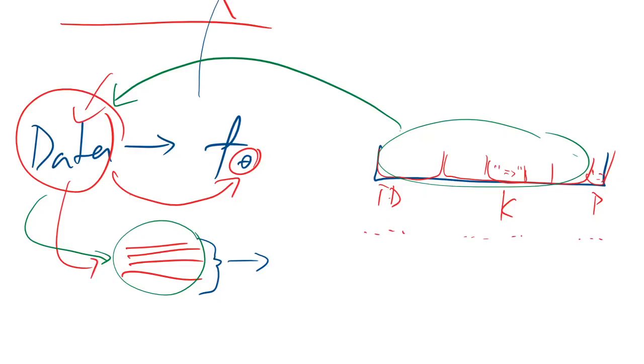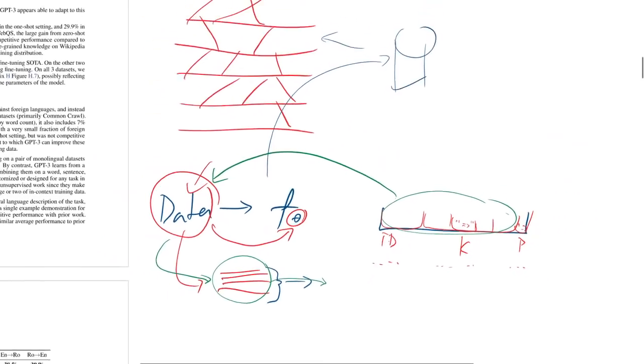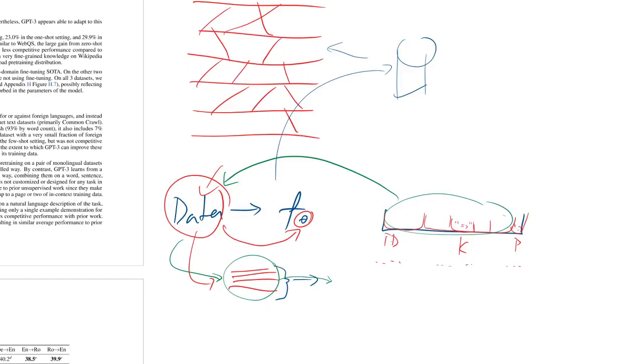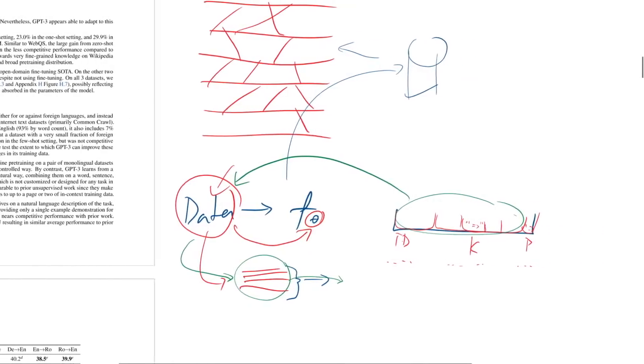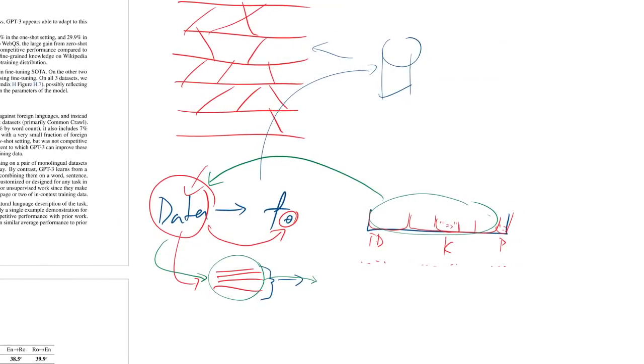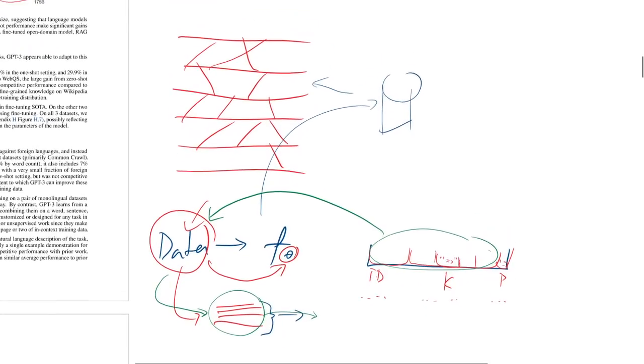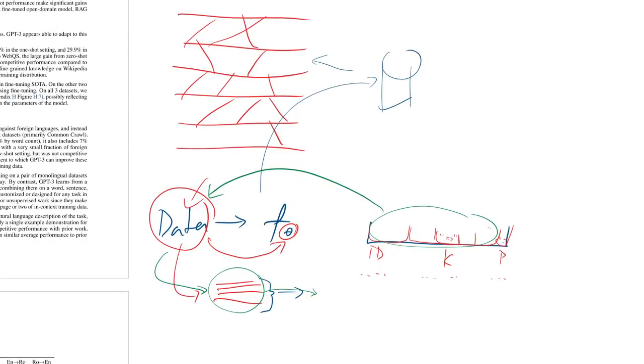And then it will interpolate these training examples in order to come up with the answer. I don't think there is reasoning happening here. If you go through the paper with this view, then a lot of things actually make sense.